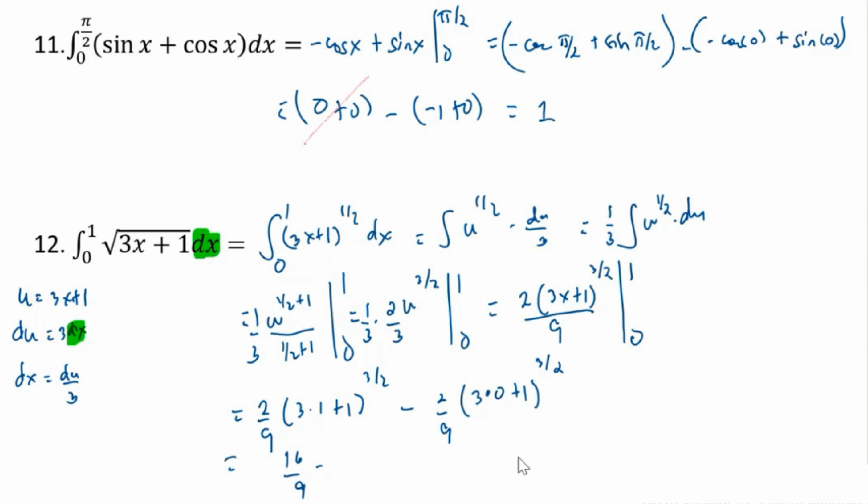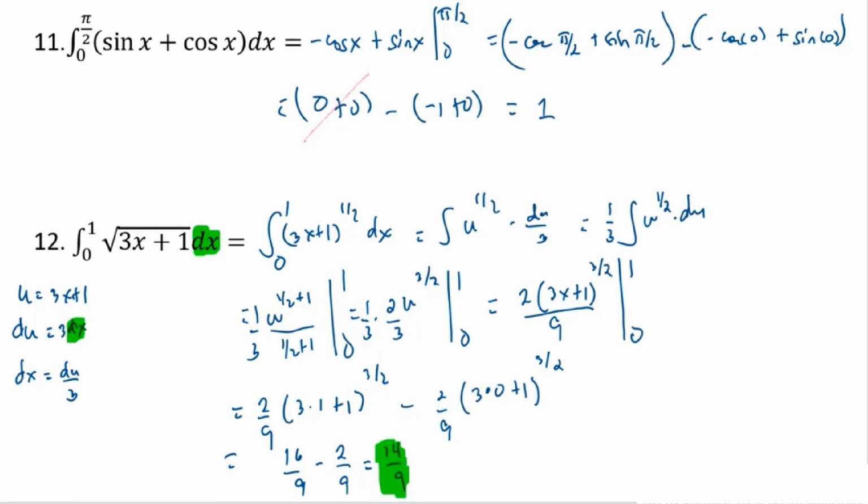To the third power, then 1 to the third power is 1 times 2 over 9. So we have now 2 over 9. So these are similar fractions, so we will just subtract the numerators. So 16 minus 2 is 14. Then copy the common denominator of 9. So that is why our answer now is 14 over 9.